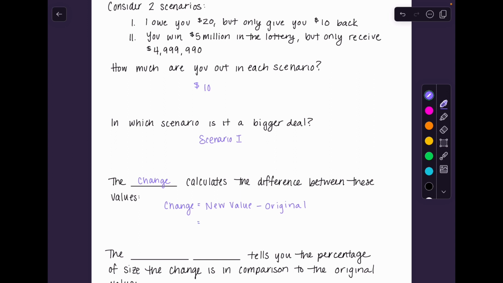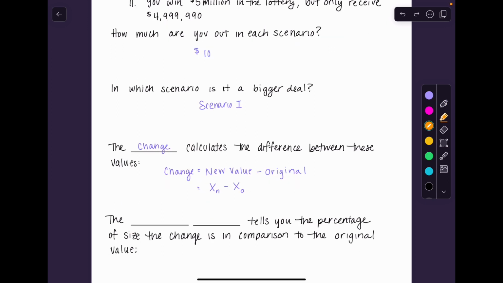So the way we indicate this with variables, we use x, because that's typically our variable. To indicate that it's our new value, we'll use a subscript of n. And then to indicate it's the original value, we use a subscript of o, or a 0. Okay. Now that we have the change, what I want to do is see what this change is in comparison to my original value.